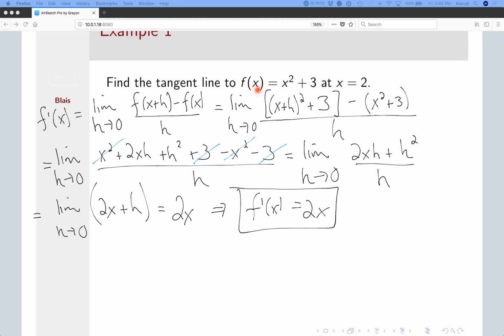In our example, we are asked to find the tangent line when x equals 2. And maybe we should draw some things here to see what this looks like.